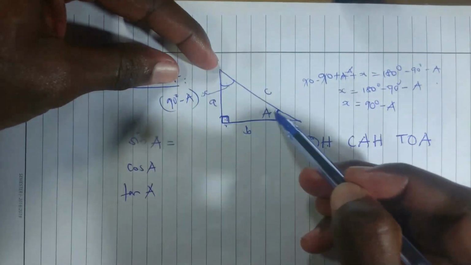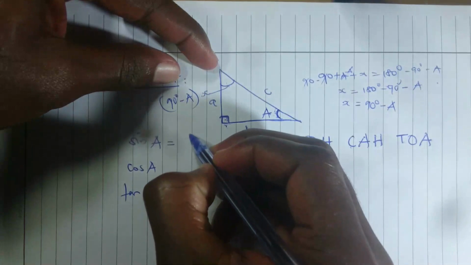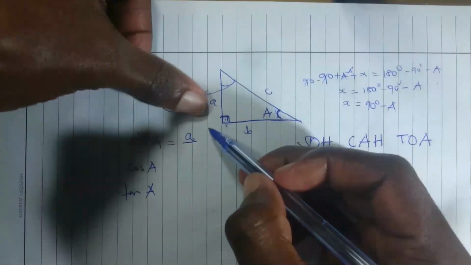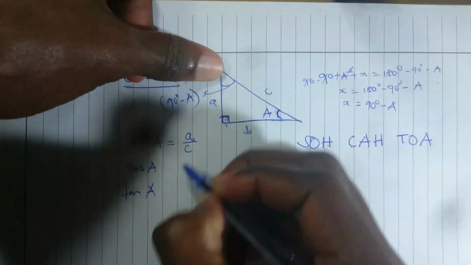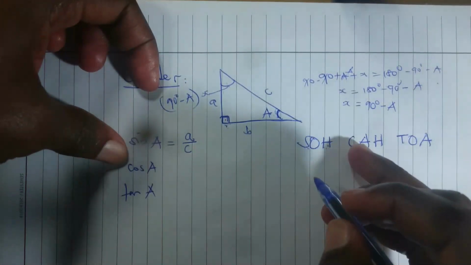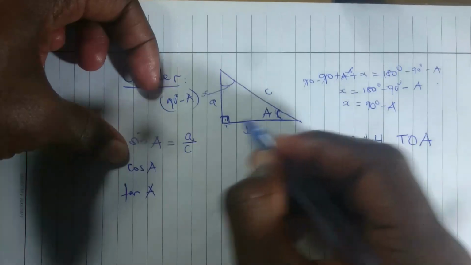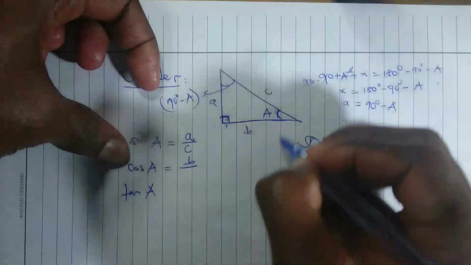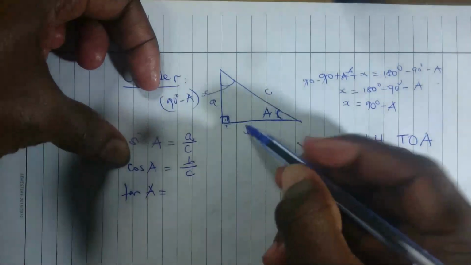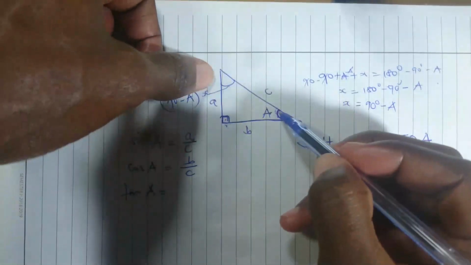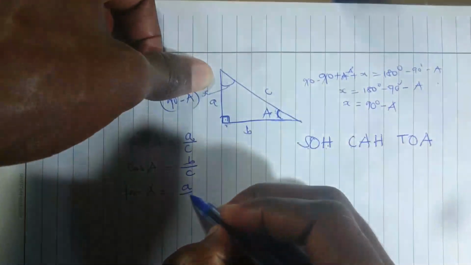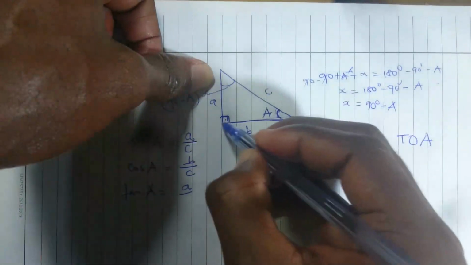Since this side is opposite to this angle, a becomes our opposite, and the hypotenuse is c, which is the slanting one. Cos is given by the adjacent to 90, so that side becomes our adjacent out of the hypotenuse, which is still c. Our tan becomes the opposite, a, out of the adjacent, which is b.